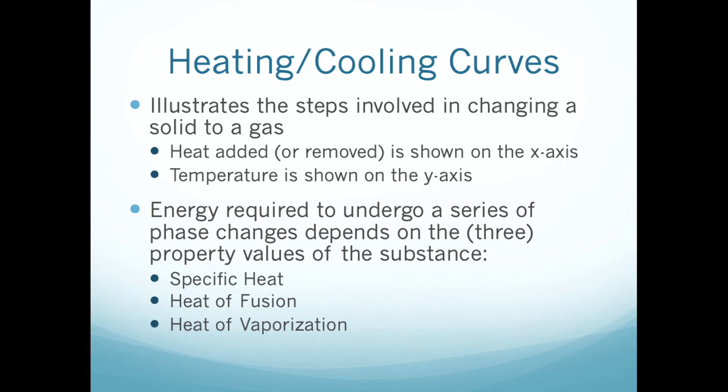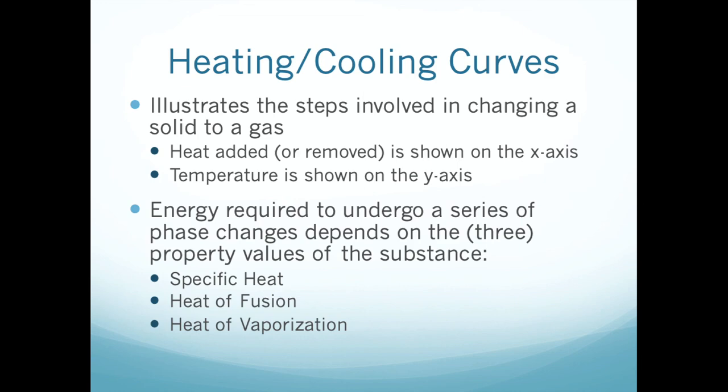You're cooling down something. What we're going to do here is plot a graph of how the temperature of a material changes. On the y-axis, we have the temperature, and on the x-axis, we've got the heat that we're adding or removing. Now, you're going to notice that the graph will slope in some places and go flat in other places.